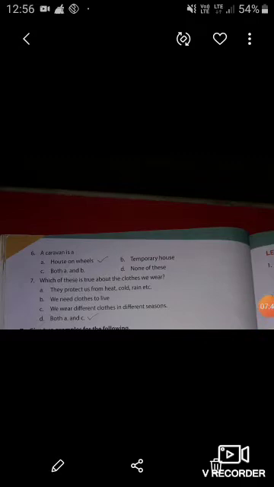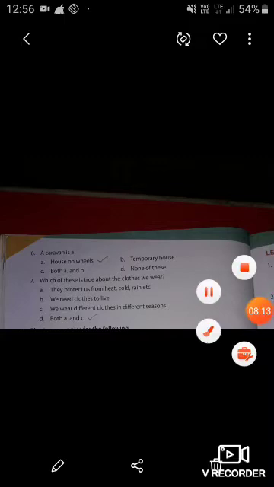Now let's come to the sixth question. A caravan is a, your options are a house on wheels, temporary house, both A and B, or none of these.